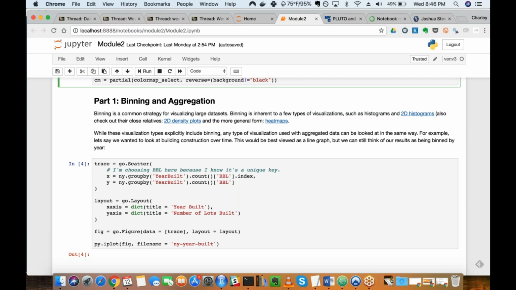If you think about different types of visualizations that do this automatically, like histograms, heat maps, and box plots, they do this sort of aggregation as well. For these visualizations, it's inherent in the visualization type what it's doing, but really any visualization type could be representative of these sorts of actions.